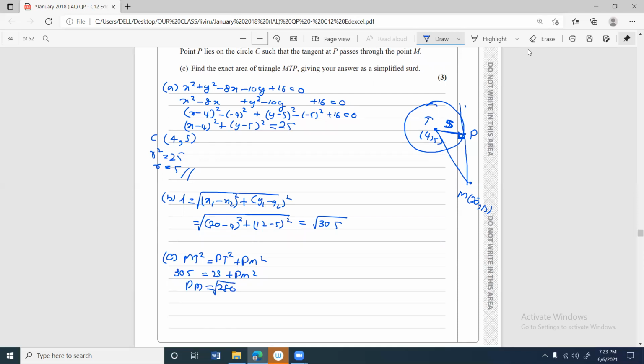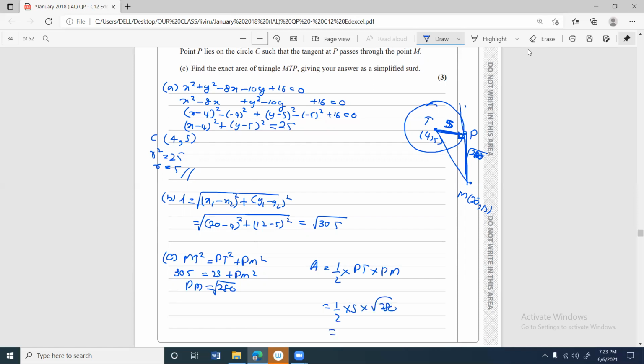Now what is the point of getting this answer? Now you can apply the area formula: area equals half base PT times perpendicular height. This is the perpendicular height PM. So it's half, PT is 5, into the square root of 280.